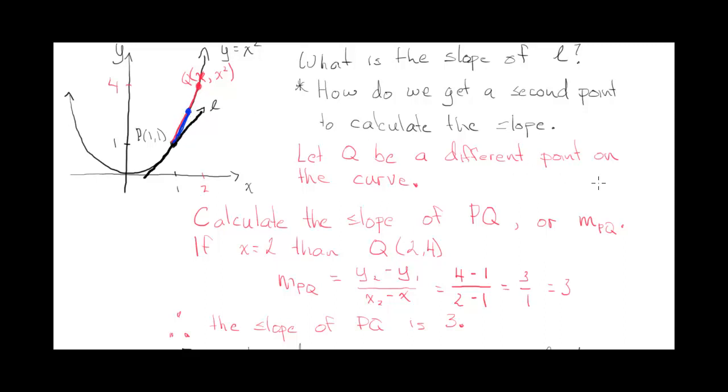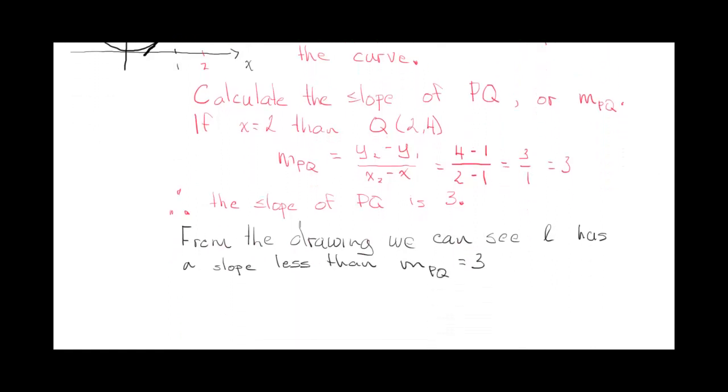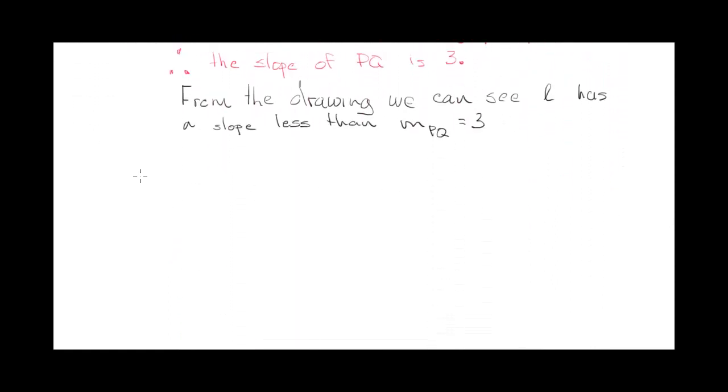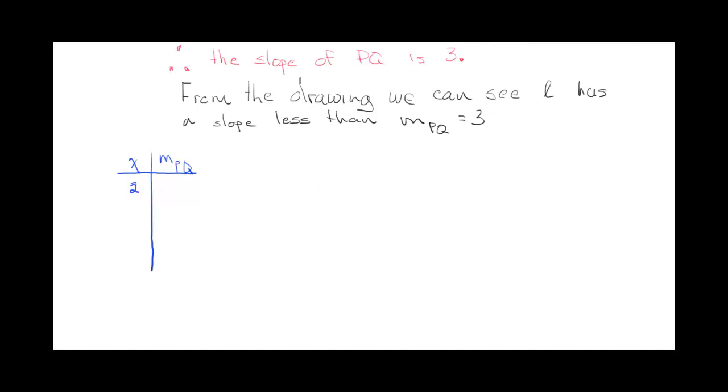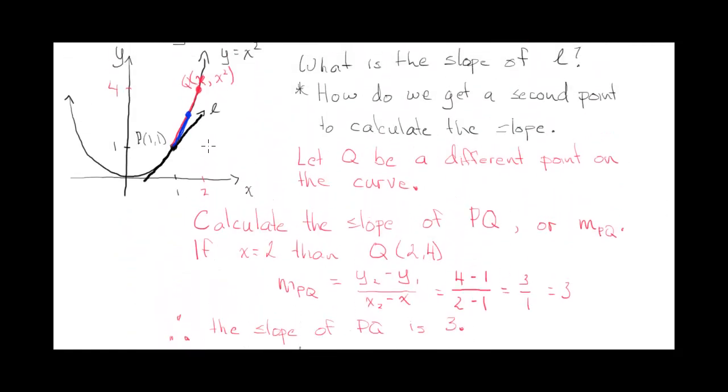It'll be a little bit closer to the slope of L. Now I'm going to have to do a bunch of slope calculations here, so I'll organize this into a chart. This is the x value, and this is the slope of PQ. When x was 2, that's the one we did, when Q was 1 unit away along the x-axis, we got a slope of 3.